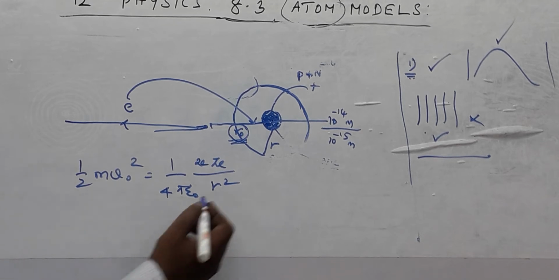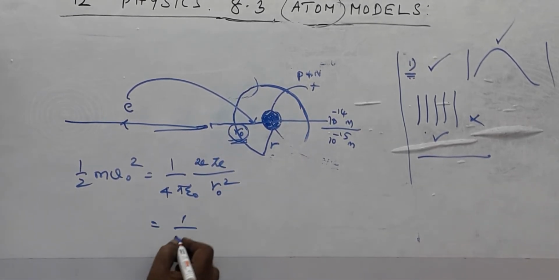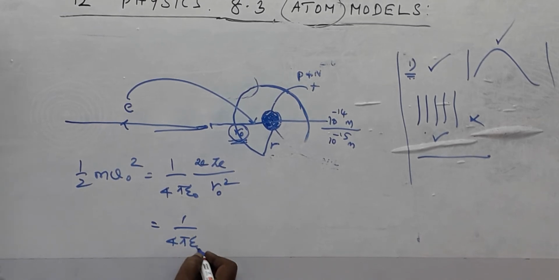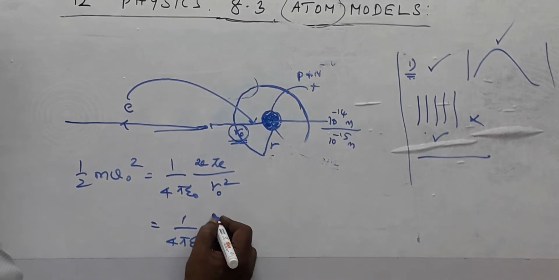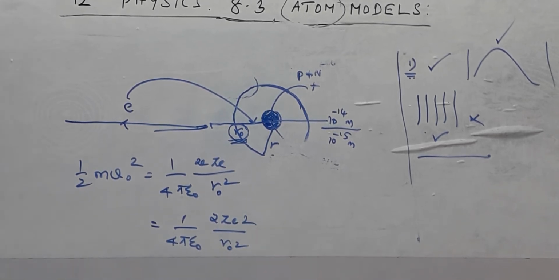Here, if you consider the distance to be R0, then it is 1 by 4 pi epsilon naught 2Ze square by R0 square. This is the most valuable equation for explaining this concept.